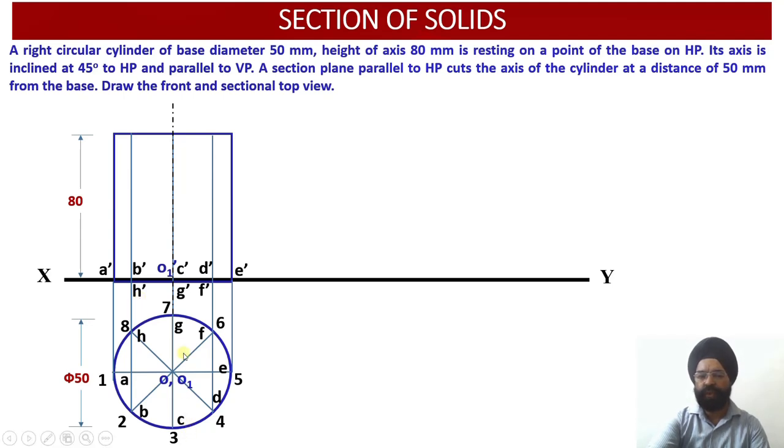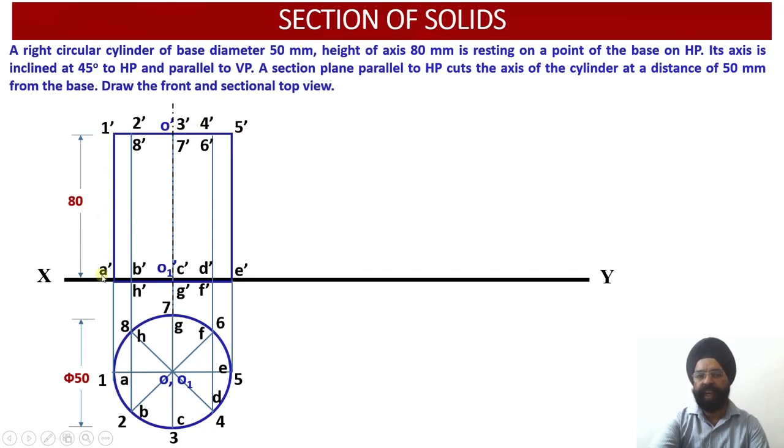Similarly, the projector through C and G gives these two projections in the front view, C dash and G dash. And similarly, D dash and F dash are the projections corresponding to the points D and F on the ground, right? Similarly, the E projector gives E dash in the vertical plane on the XY reference line. Similarly, we obtain all the projections for the top face points of this particular cylinder.